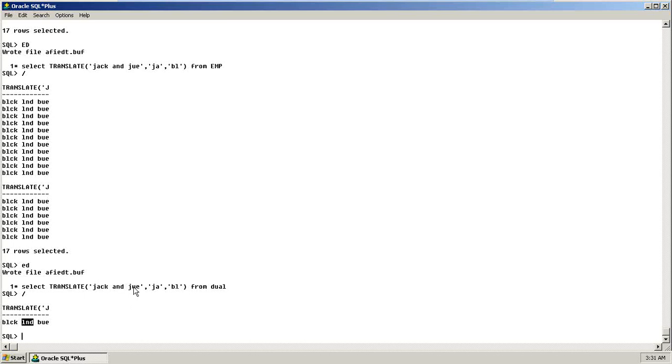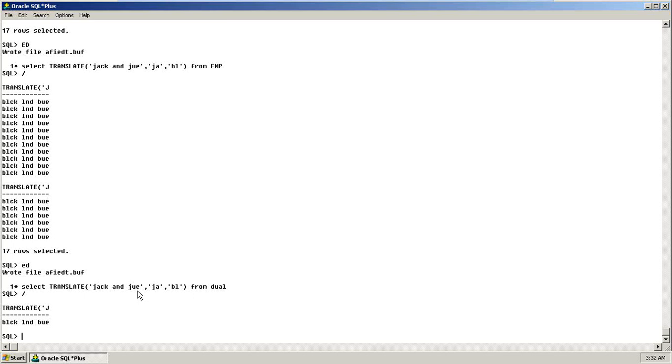So Jew, J replaced with B, finally it is giving BUE. So this is character by character replacement, and that is done with translate. So this is what about the replace function and the translate function.